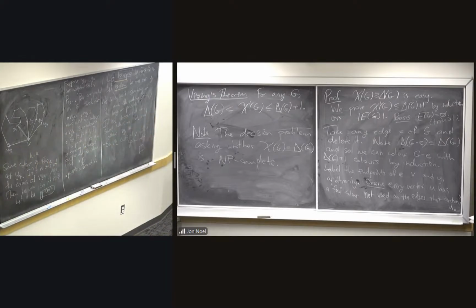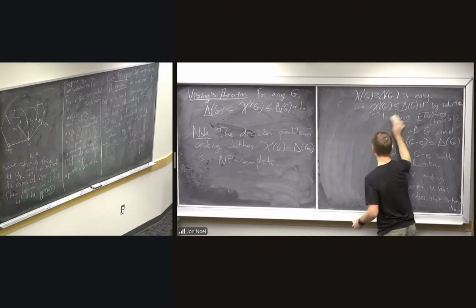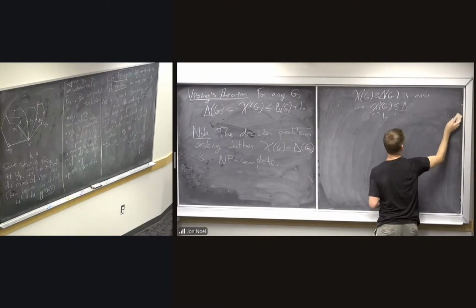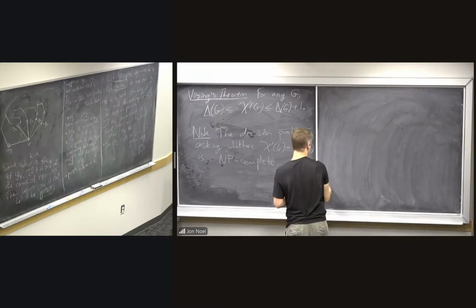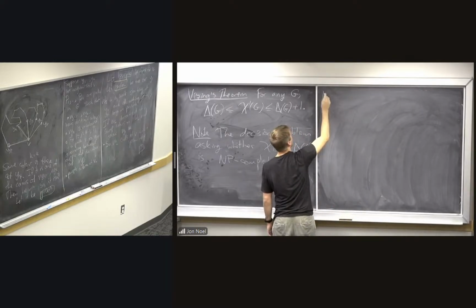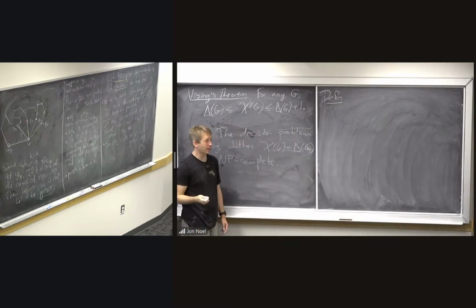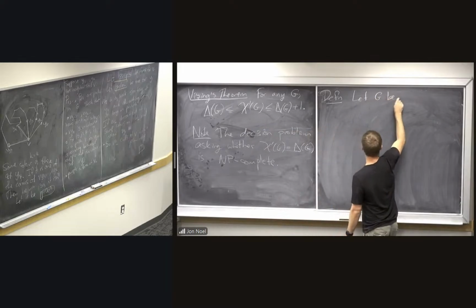So I'm just going to end with like a couple of definitions that we're going to use next time. So next time we're going to talk about something called list coloring. So let G be a graph.